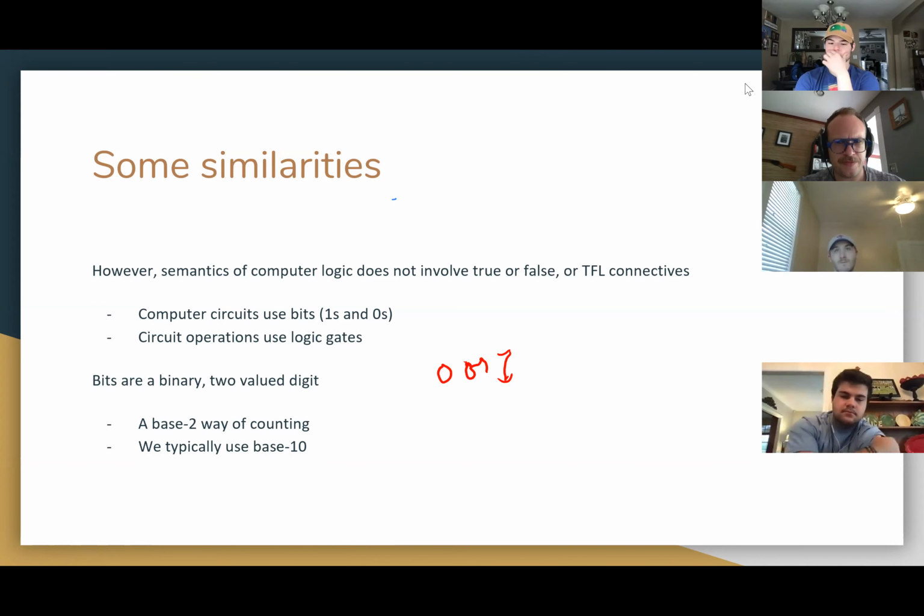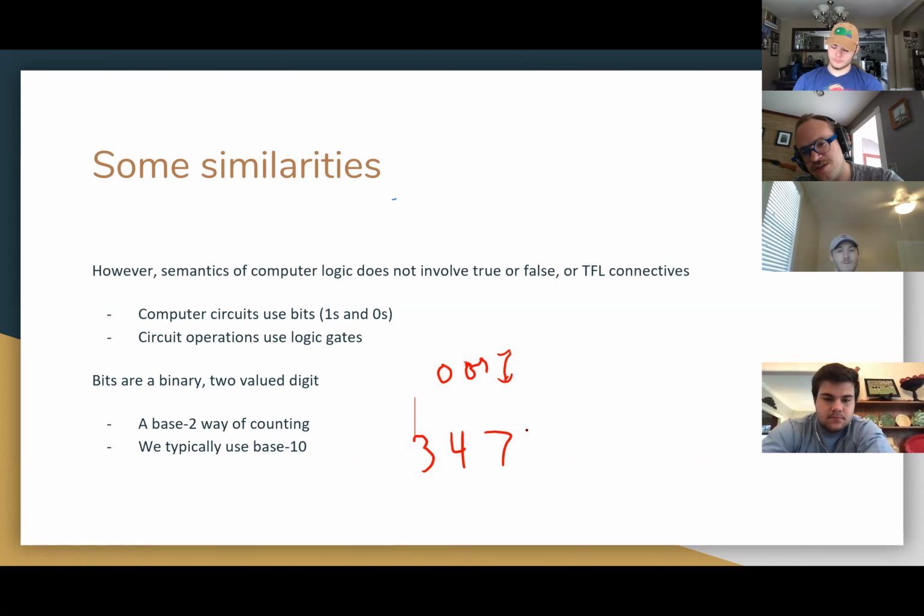What does that mean? That means that each digit in a number, so let's say we've got a 4-digit number in our normal way of counting, 3,472. That's a 4-digit number because it's got 4 places, right?